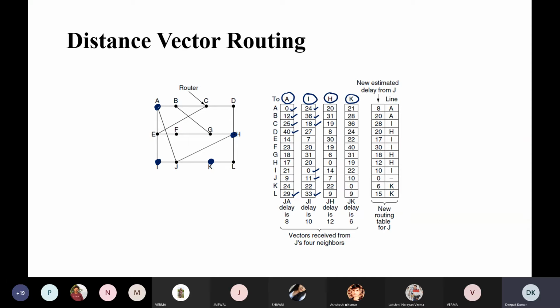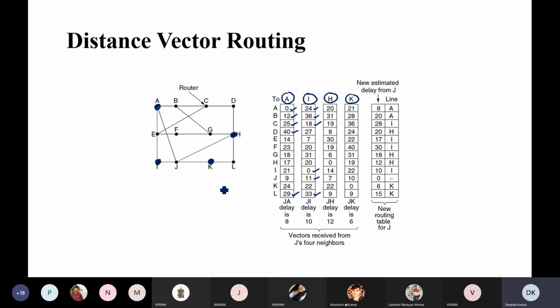Considering that at any time in this network all the routers, because this is complex, we are not discussing all 12 routing tables, we are discussing only these 4. And it is known that J to A delay is 8, J to I delay is 10, J to H delay is 12 and J to K delay is 6.